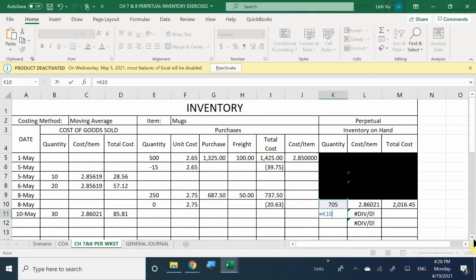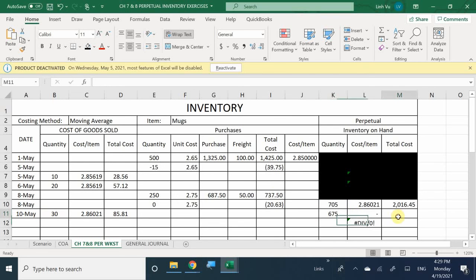So what should be my updated amount if I sold 30 items? 675. 675. Okay. What's my updated total cost going to be if I sold 85 and 81 cents? 1930.64, and once again, my new average cost has decreased by 10,000th of a penny.